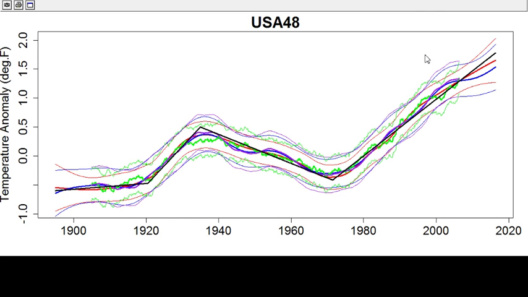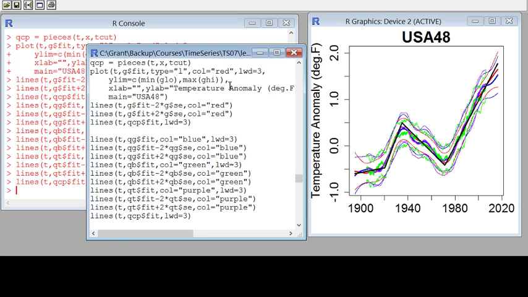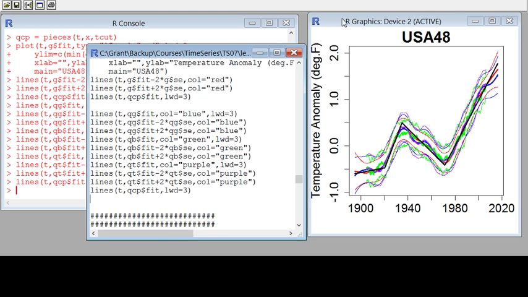That does not mean that the data are following a piecewise linear function. It's almost certain that they're not. But it does mean that those are the only changes of slope that we can confirm with confidence. There's one slope here, another one here, another one here, and another one recently. And those are the only changes in slope that we can confirm with statistical confidence in the temperature for the lower 48 states of the USA.